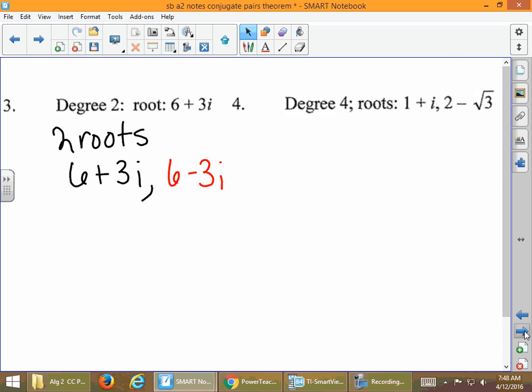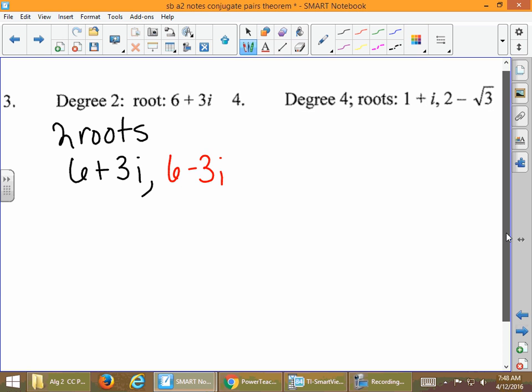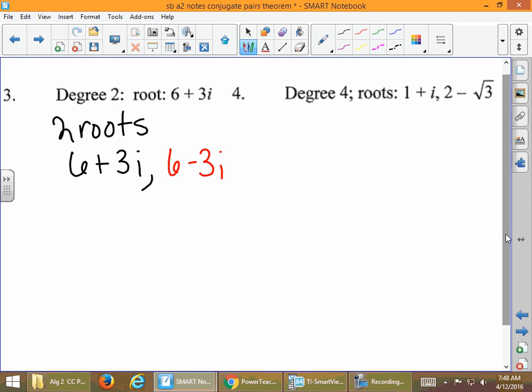And when we look over here at number 4, degree 4, how many roots do we have then? 4 roots. So we have 1 plus i, and therefore, what do we also have? 1 minus i.